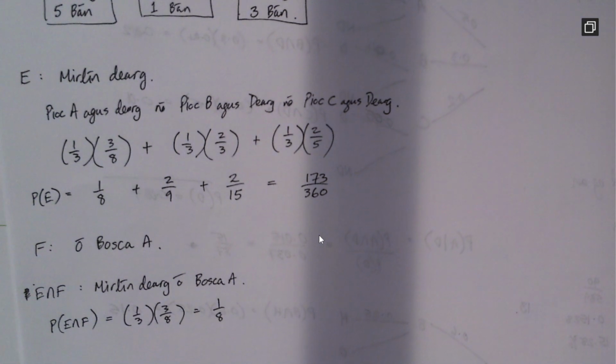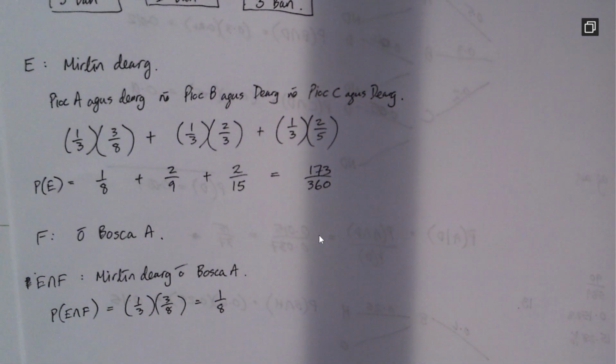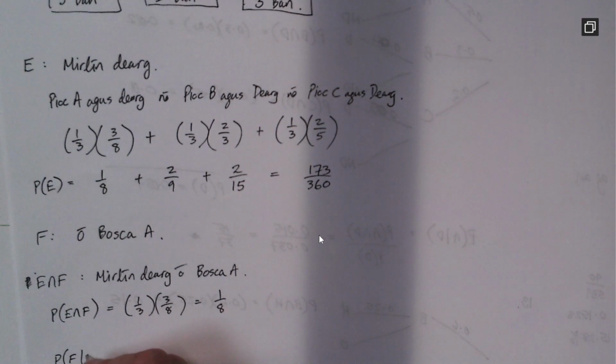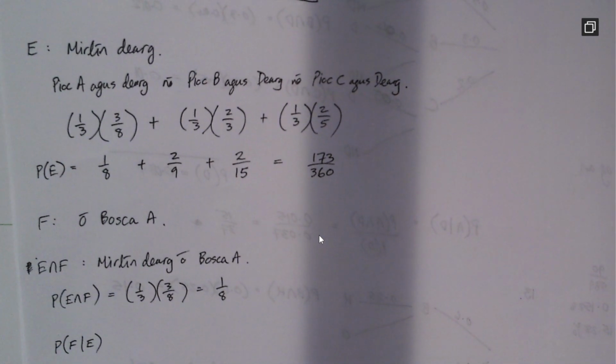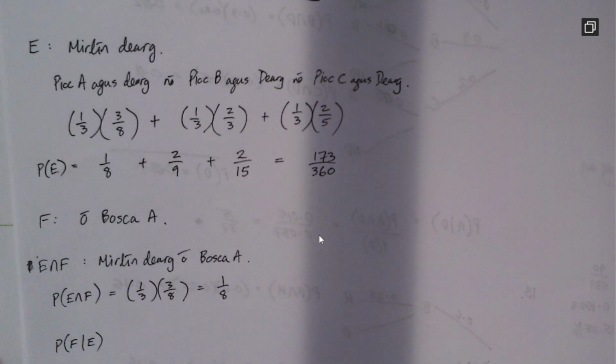Quadrant. So we need the formula. The probability of F given that E has occurred. Okay, so the probability of F given that E has occurred.